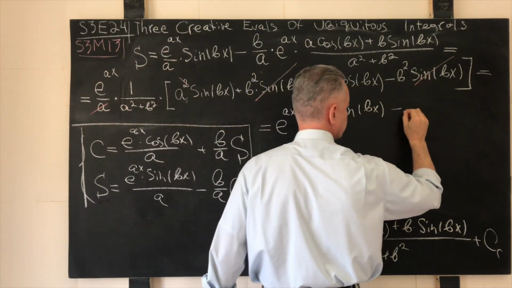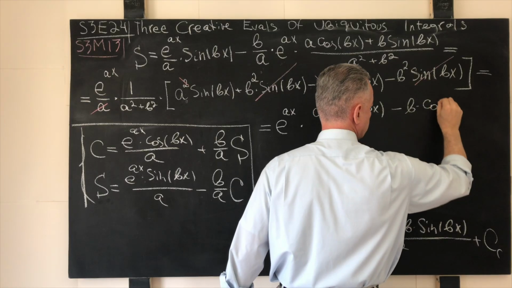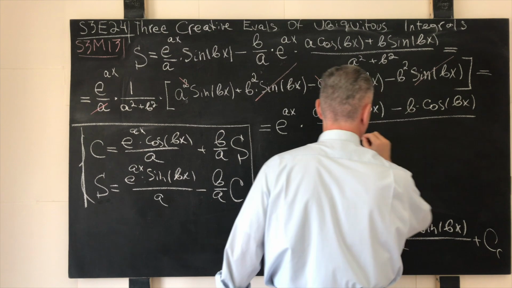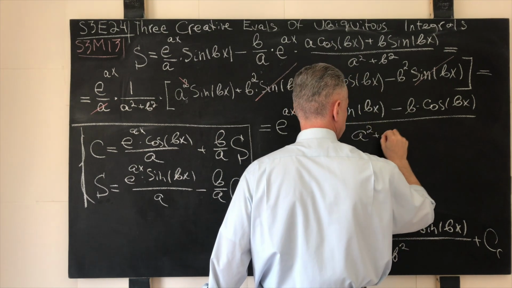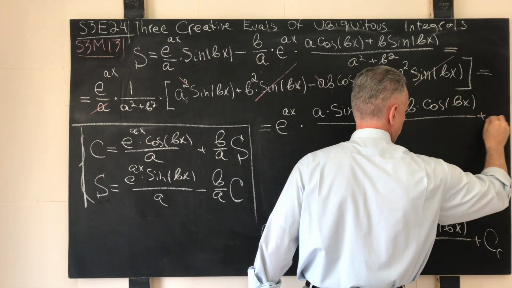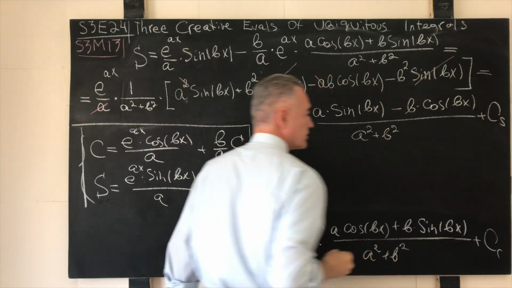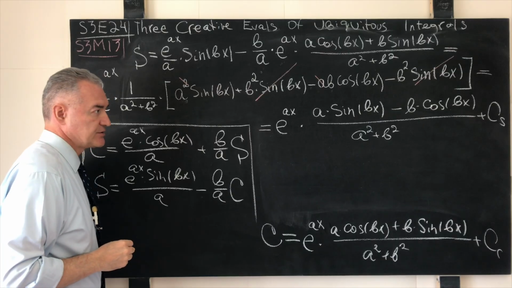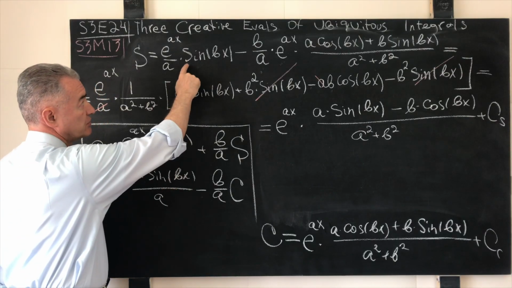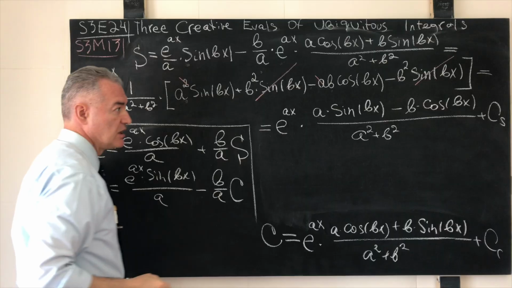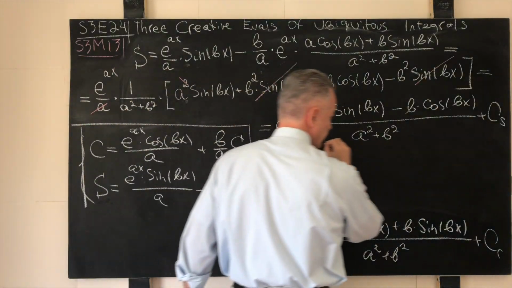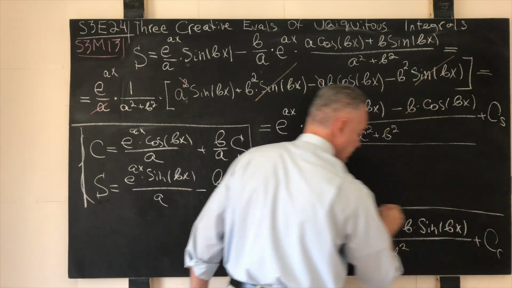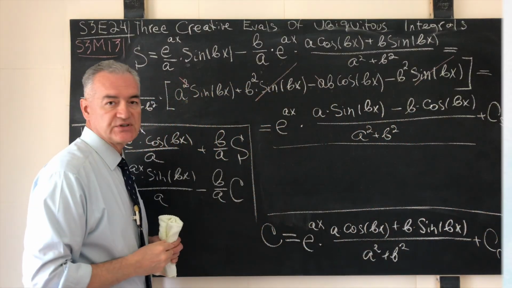So minus b times cosine bx divided by our sum of squares, a squared plus b squared. And we throw the integration constant c with a subscript s to designate our favorite trigonometric function of sine, and voila, we have our results. The result for the sine, the result for the cosine, in agreement with the previously obtained results.